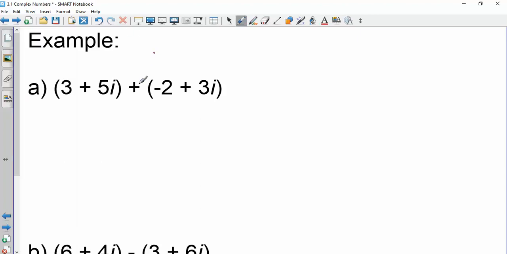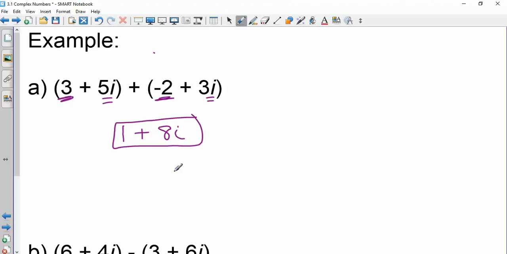All right, so let's do an addition problem first. If I ask you to do 3 plus 5i plus negative 2 plus 3i. So we're adding. We just add like terms. 3 plus negative 2 is 1. 5i plus 3i is 8i. 1 plus 8i is my final answer.